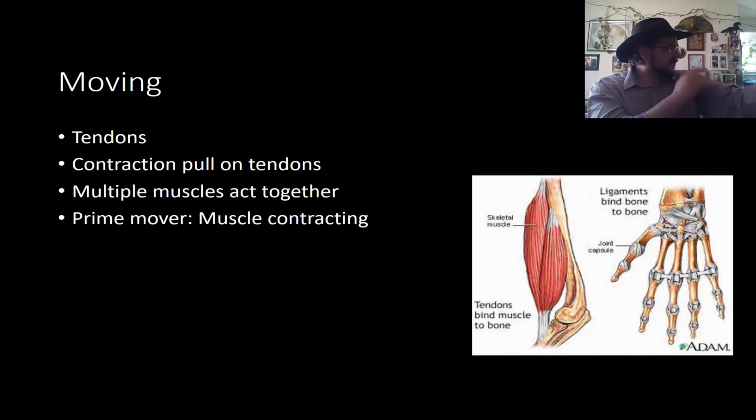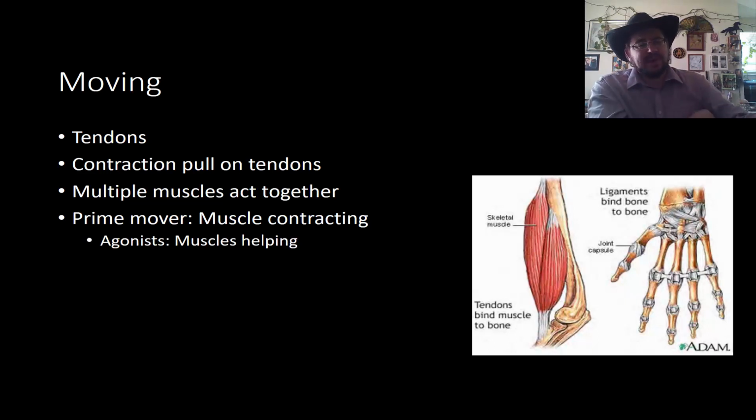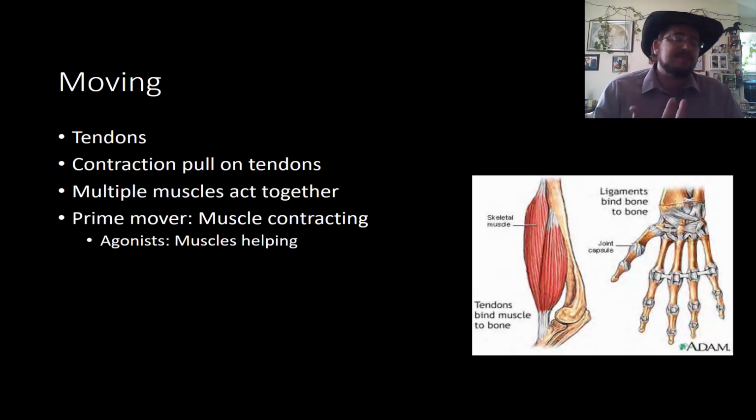Since I'm talking about the bicep, the bicep is the prime mover. The brachialis is an agonist, helping to move that joint. If I were talking about the brachialis, it would be the prime mover, and the bicep would be an agonist.